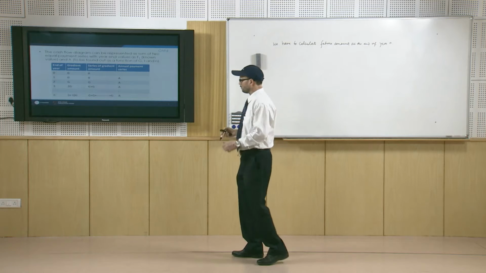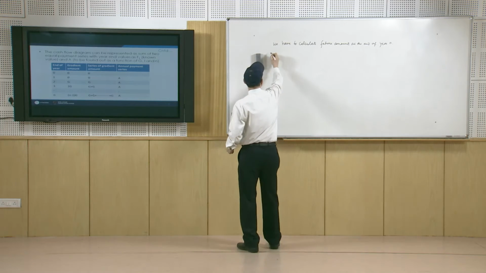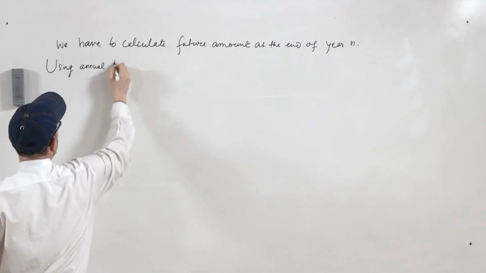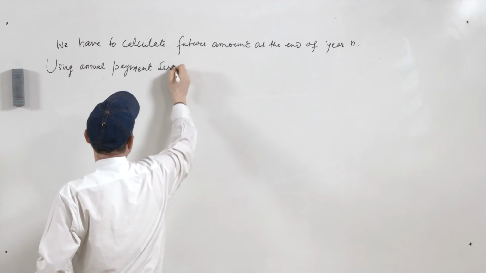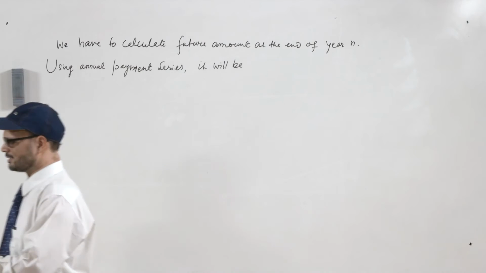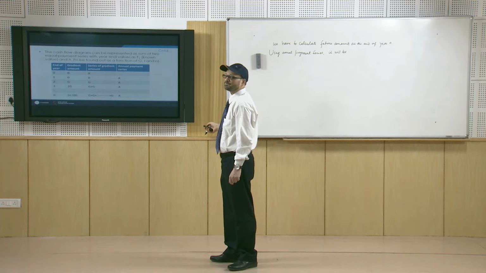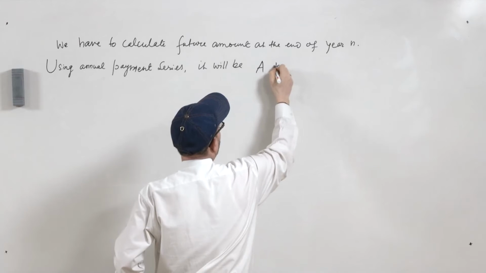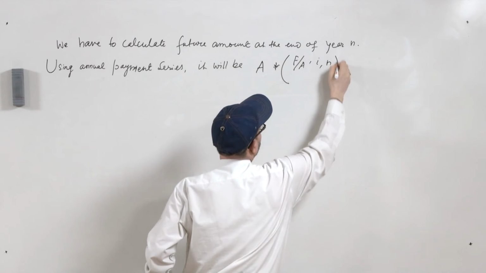Now, what will be the amount at the end of year n? Using this annual payment series, we have already discussed that when the year end equal amount is multiplied by F by A, i, n, it will be A times the factor F by A, i, n.